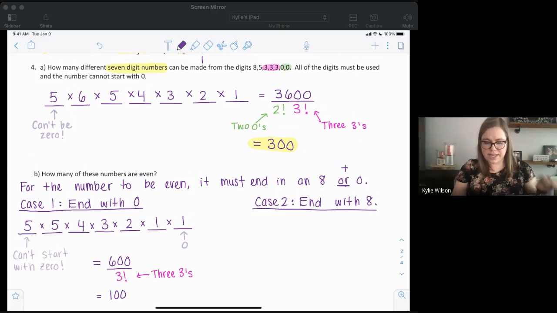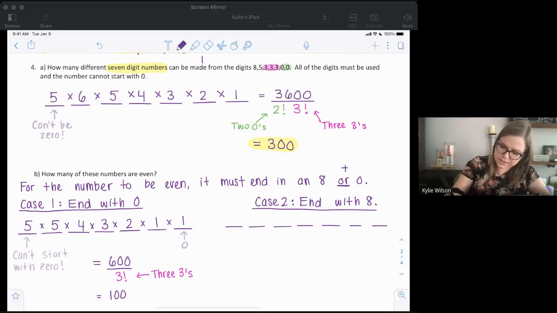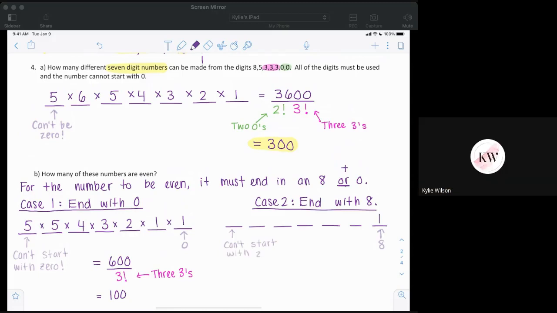So let's try case 2. For case 2, we want to end in an 8. So 1, 2, 3, 4, 5, 6, 7. Now this last one has to be an 8. So there's only one way we can put an 8 in that spot. And then over here, we still can't start with 0.